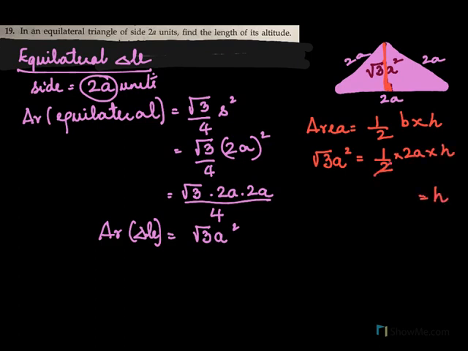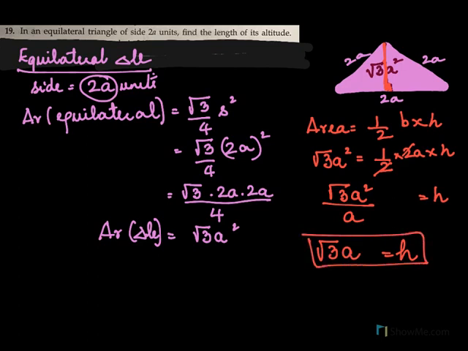So this will cancel out, and the a will be down here, so your height will be root 3a. That will be the height of an equilateral triangle. All three altitudes will be the same. Height and altitude is the same thing.